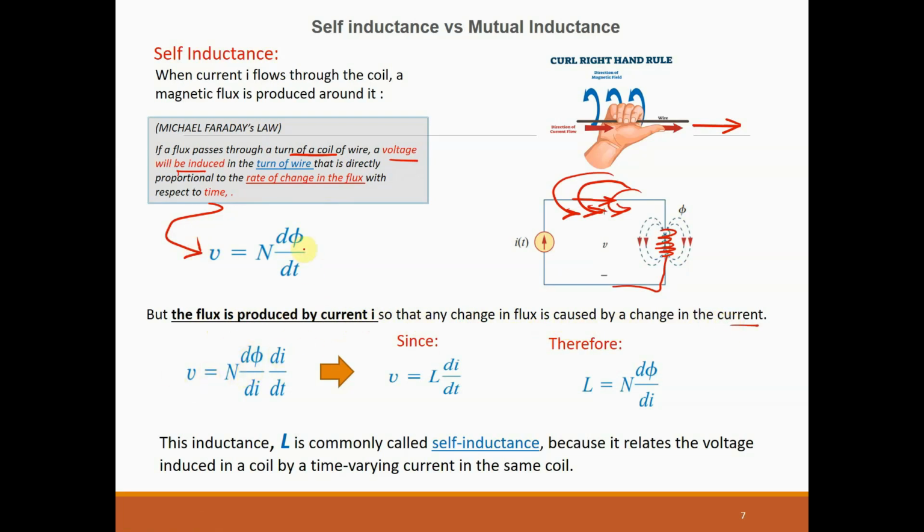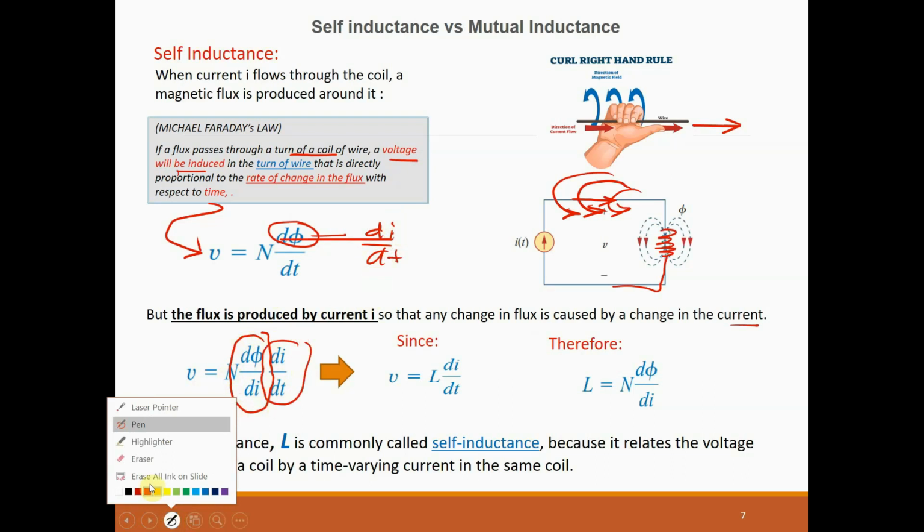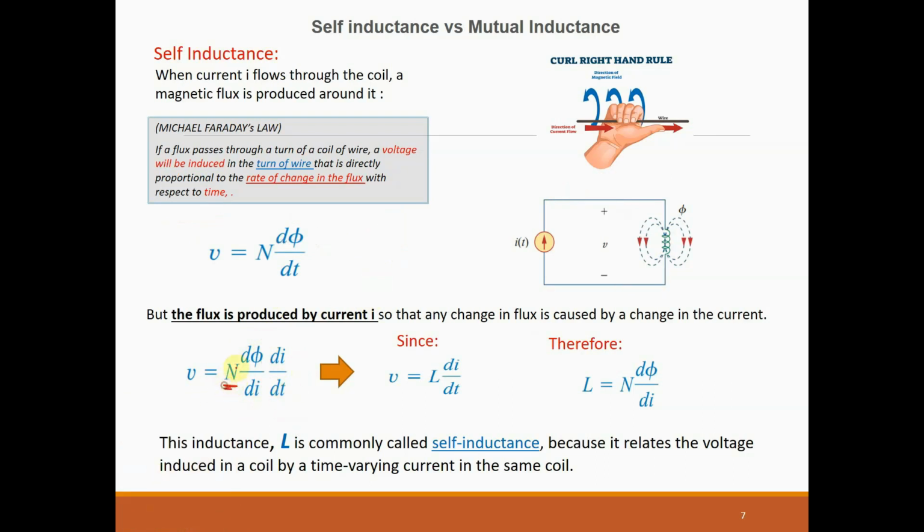The flux is changing by the intensity of the current, and the current is changing with respect to time, right? So we have the flux changing with respect to the current, and the current changing with respect to time. Okay? We can just rewrite this equation: v is equal to N dφ over di, multiplied by di over dt.